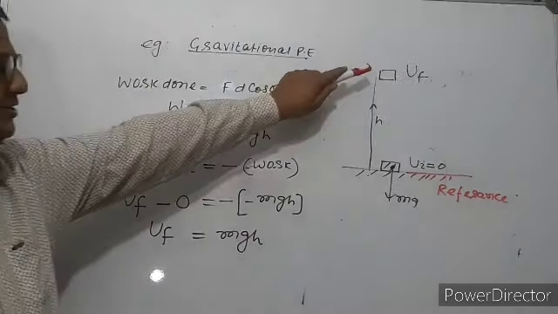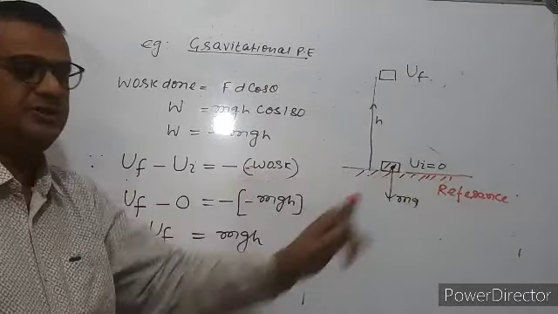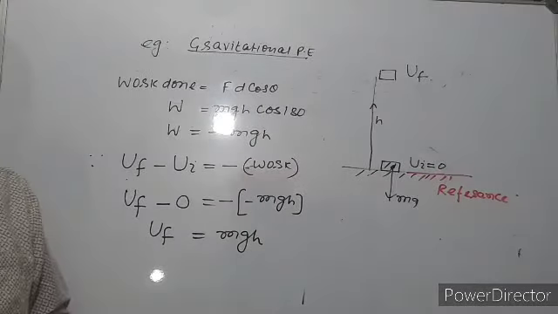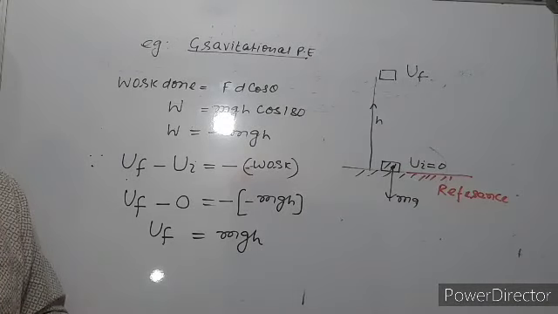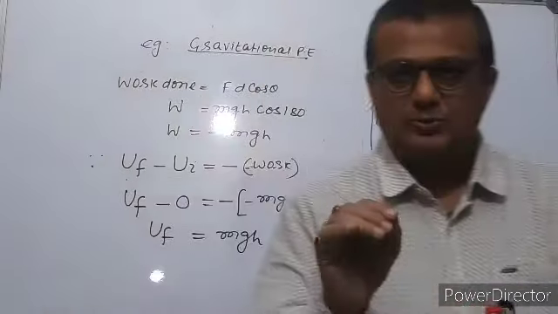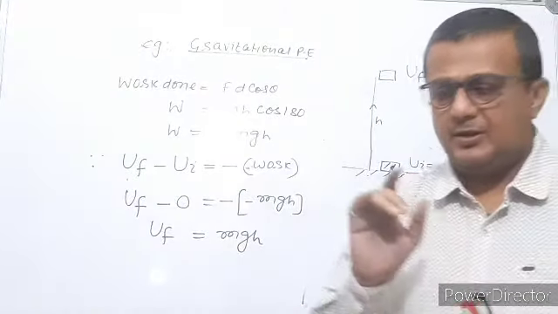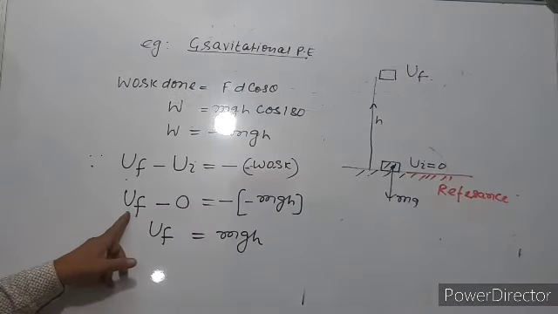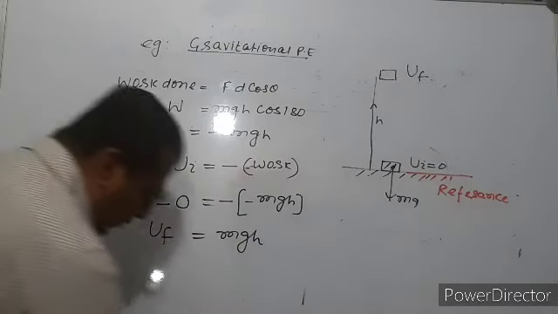So potential energy at this final position will be equal to mgh and initial position is equal to 0. So we can find out potential energy at any instant with relative terms. Not only that potential energy equal to mgh, you have to take the initial position, take the final position and see the formula UF minus UI, UF final potential energy, UI the initial potential energy and minus of work done. See one problem.